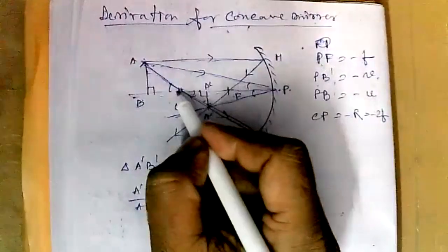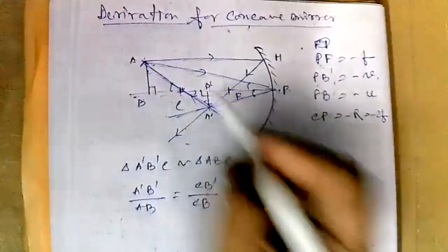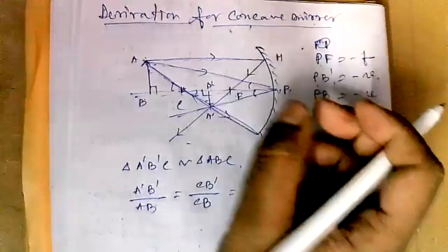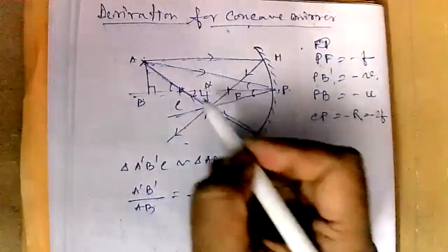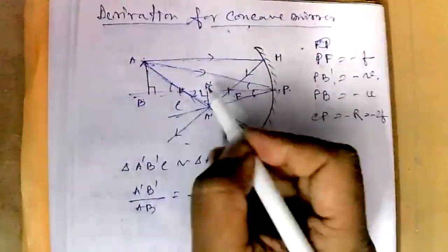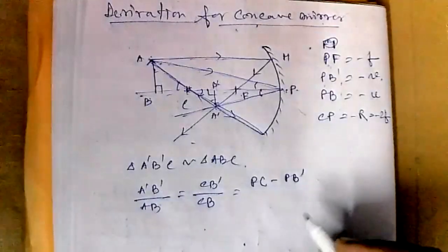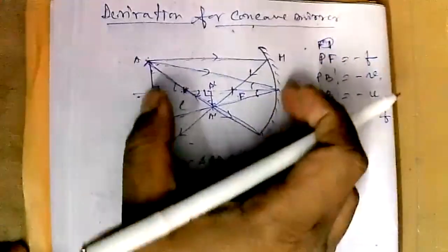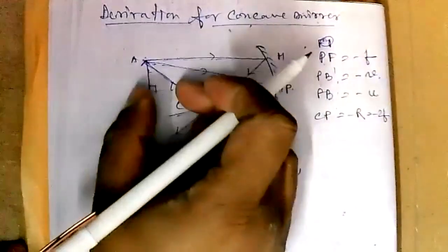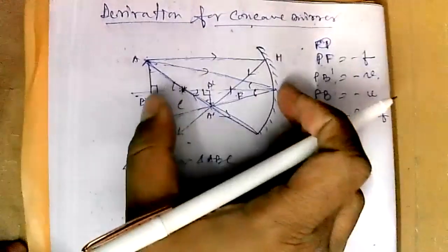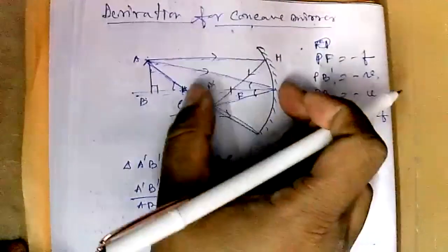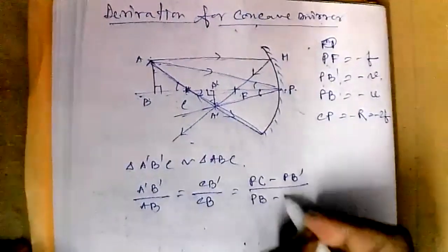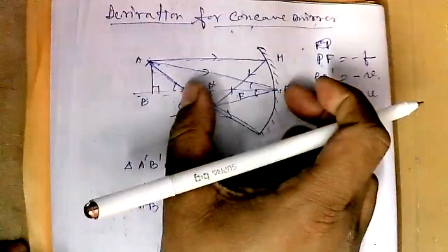Now we can write CB dash as PC minus PB dash. And CB can be written as PB minus PC. PB minus PC is CB.